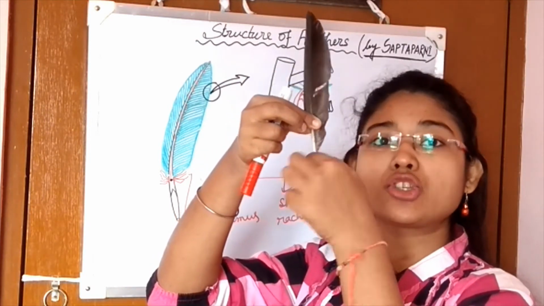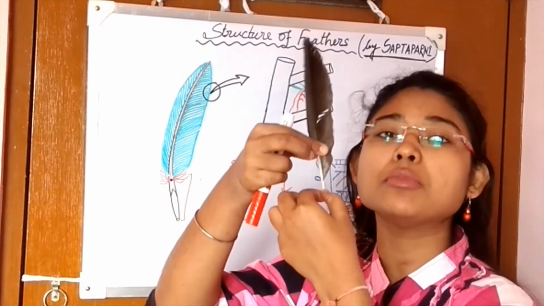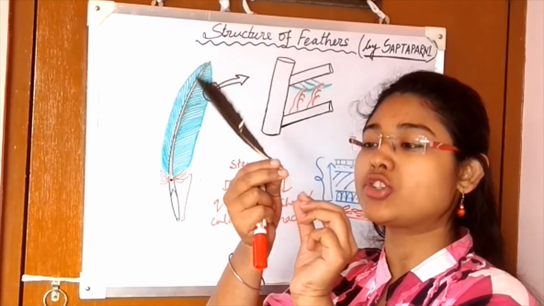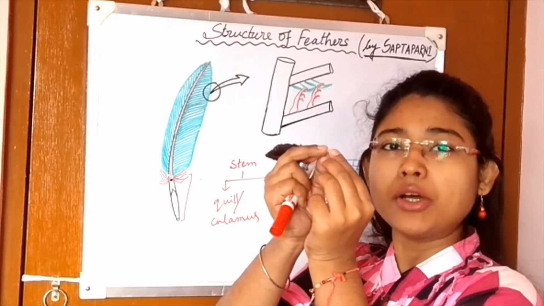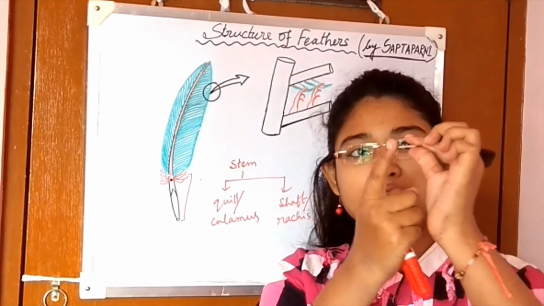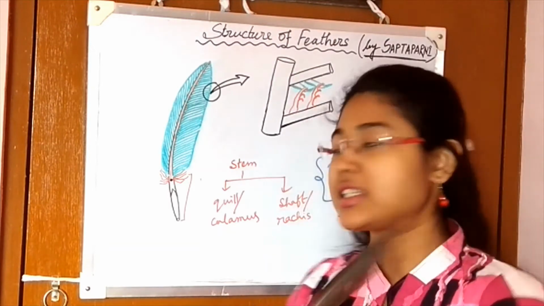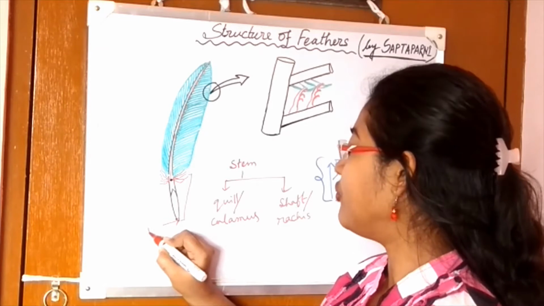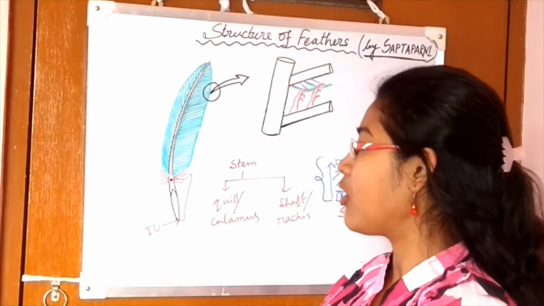This portion is known as the quill or calamus of a feather. The quill or calamus of a feather consists of an aperture just at the bottom, okay. This aperture is known as the inferior umbilicus. So here, this is the inferior umbilicus of a calamus.